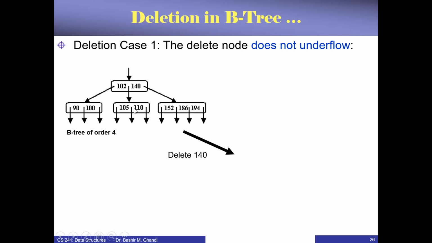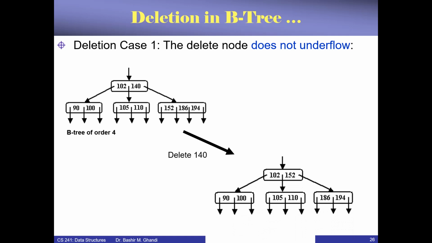Even if we used the predecessor, it would still be fine, because we could delete and still have 1 key left. But it is more appropriate here to use the successor, because the successor node has more keys.